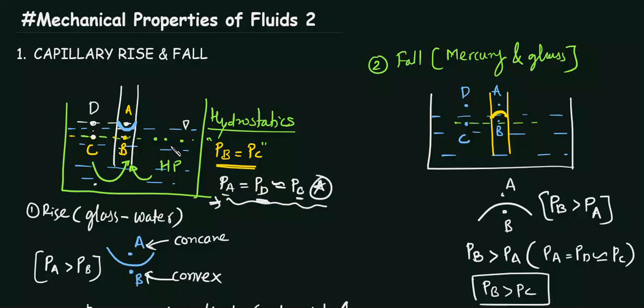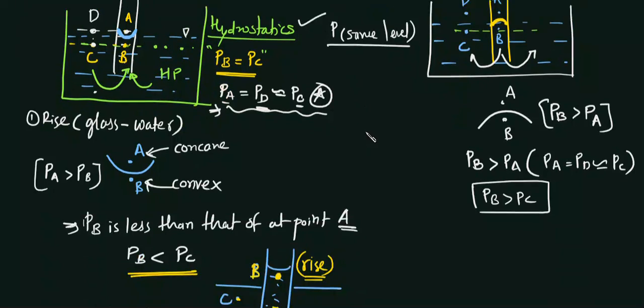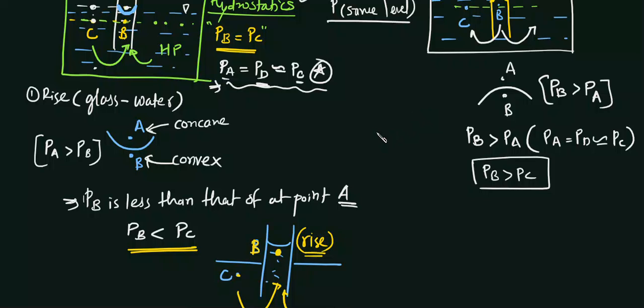So now what will happen? The mercury will come out of this tube to balance this pressure, because we know that according to hydrostatics, the pressure at same level must be equal. So PC and PB must be equal, so the mercury will come out of this capillary, and after some time what will happen?